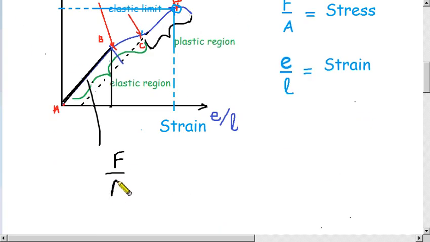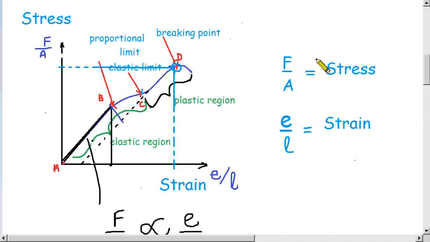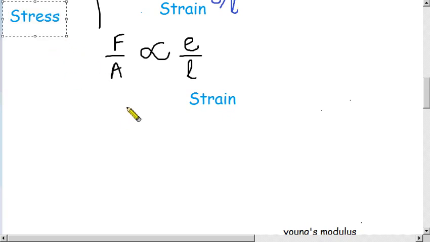So E divided by L is directly proportional to F divided by A. That means the strain is directly proportional to stress.